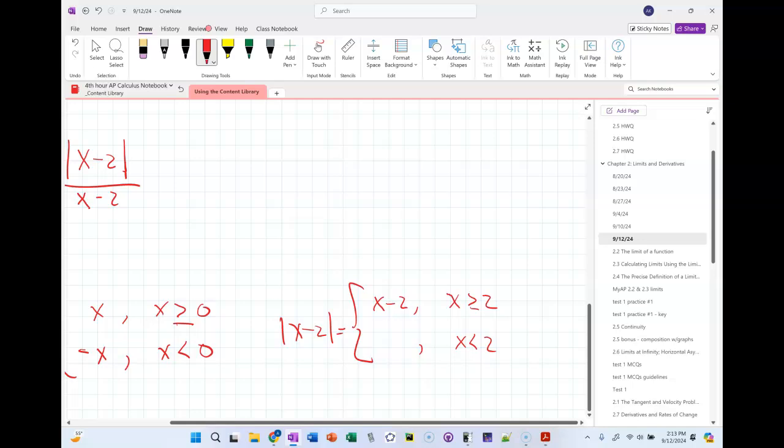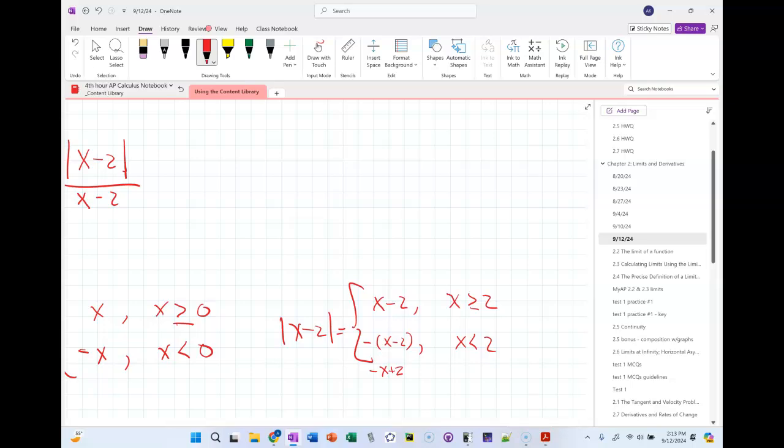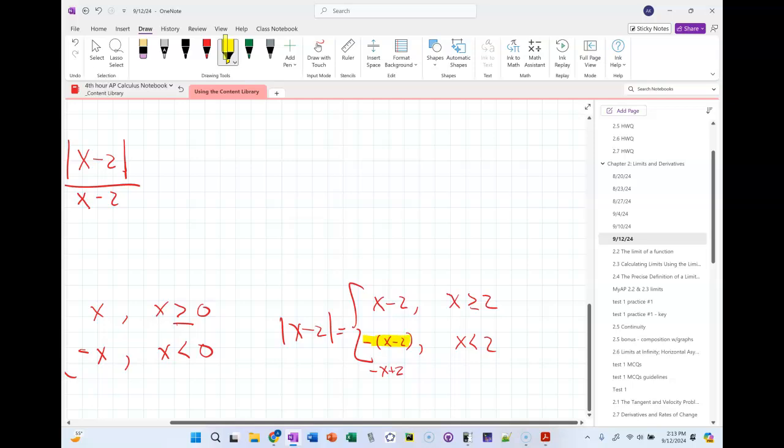What does it need to become? You could either write it this way, or you could write it with the negative sign distributed through. Either is okay. Is everybody all right with that? I would choose to leave things this way. I think that makes life easier.